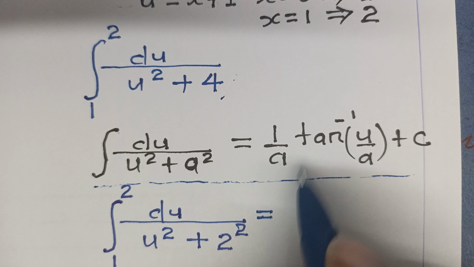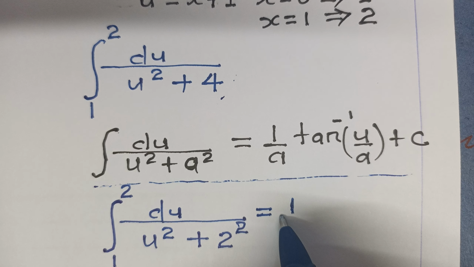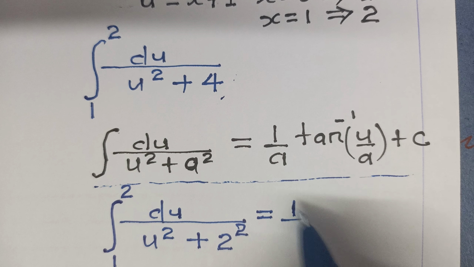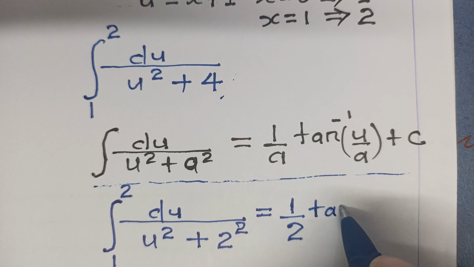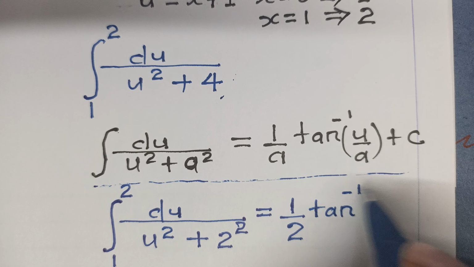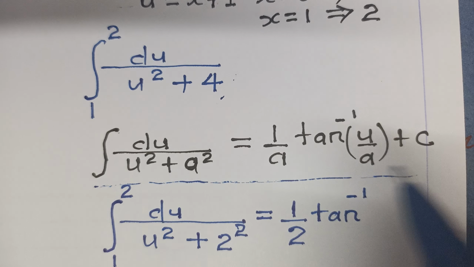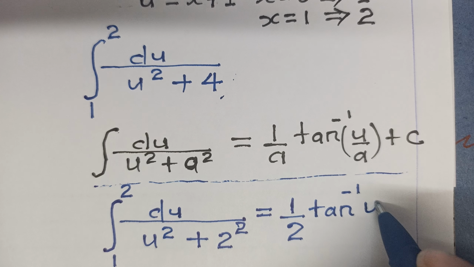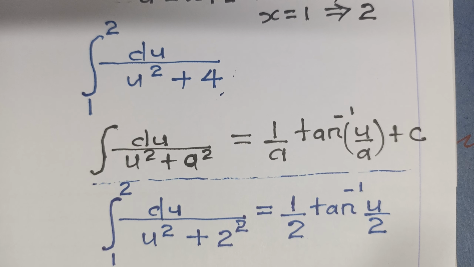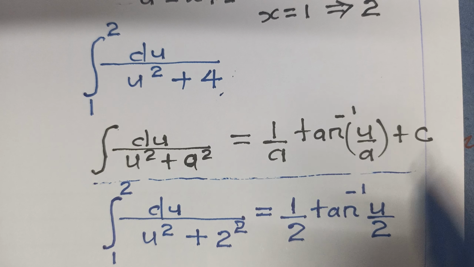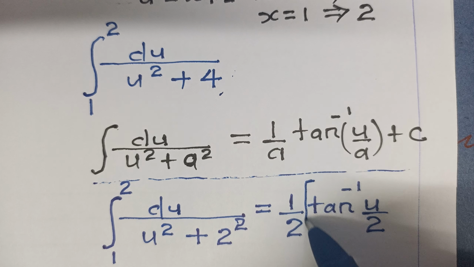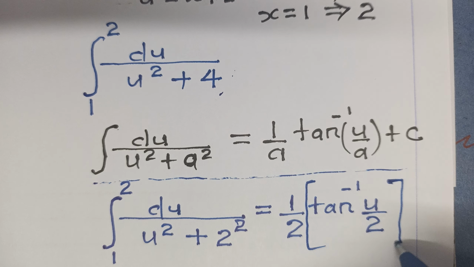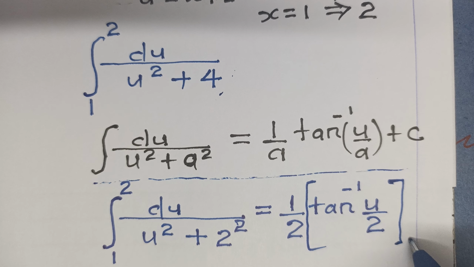We are going to have our integral as 1 over a, which is 2 in this case, times tan inverse of u over a. Since this is a definite integral, we don't put a c, and therefore we can now put in our limits from 1 to 2.